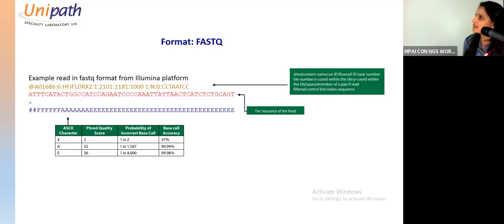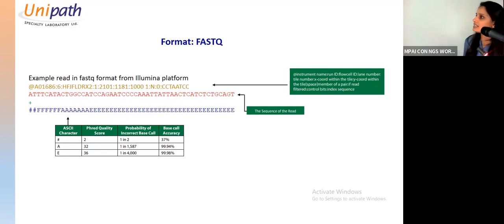So here the 3 symbols which have been used are explained like this: this symbol represents a quality of 2, which means it's not good, so you need to trim bases like this, which are of poor quality. Then this A, which is represented with 32 quality, is actually good. If more than 80% of your data is Q30, then you can say your data is good enough to start with the analysis.